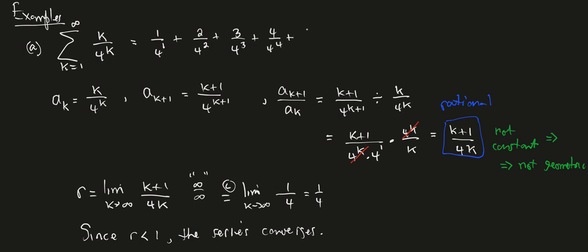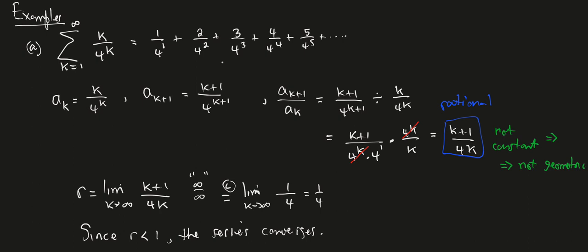I'll do one more just for fun, 5 over 4 to the 5th, and so on. If we were to continue adding up terms that follow this pattern, our sum would get closer and closer to some number. We just don't know what that number is.